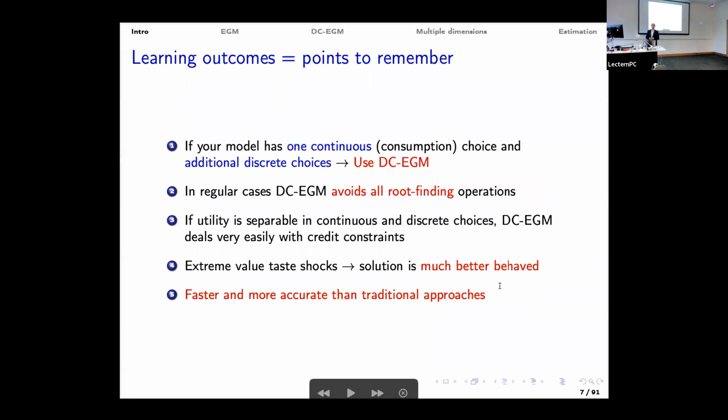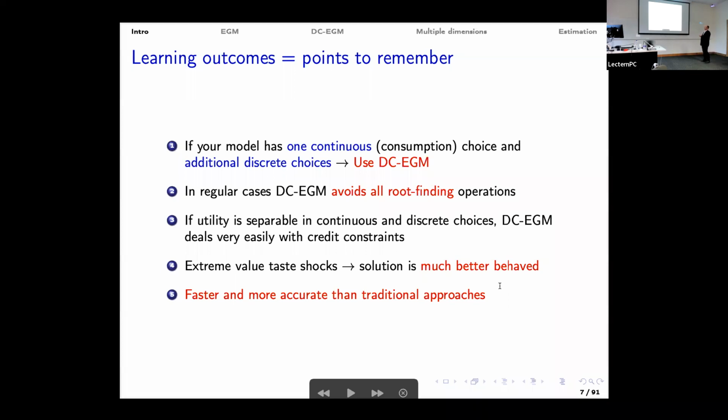Learning outcomes for this talk. If you have one continuous choice of consumption and additional discrete choices, use DC-EGM. That's very simple. If you're working with a model which has one continuous and some discrete choices on top of that, the DC-EGM version will just be much more accurate and quick compared to other methods.